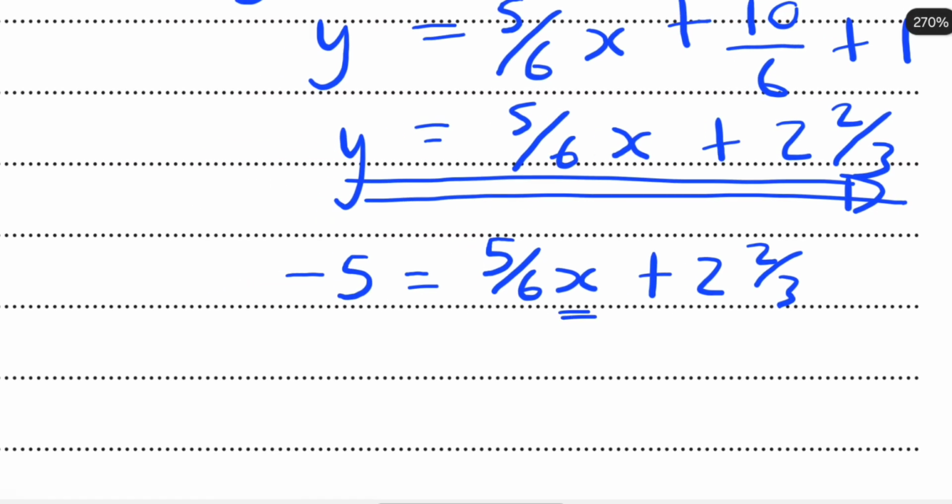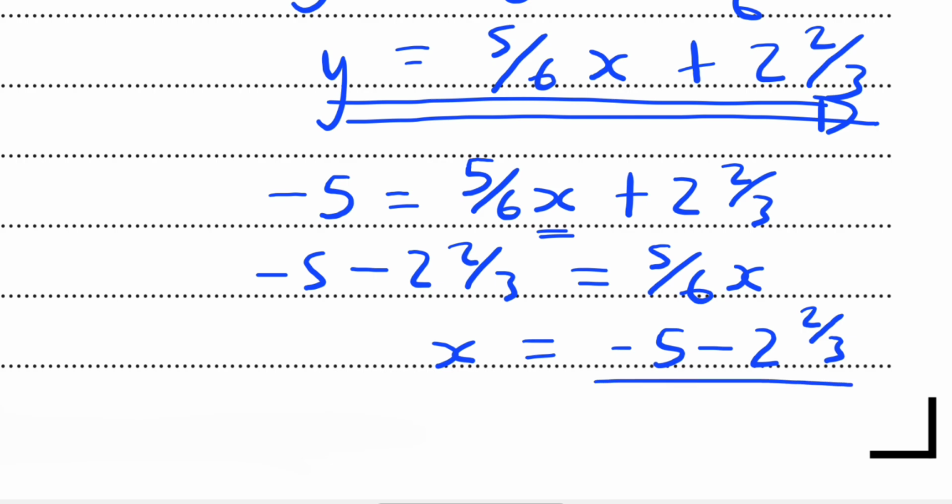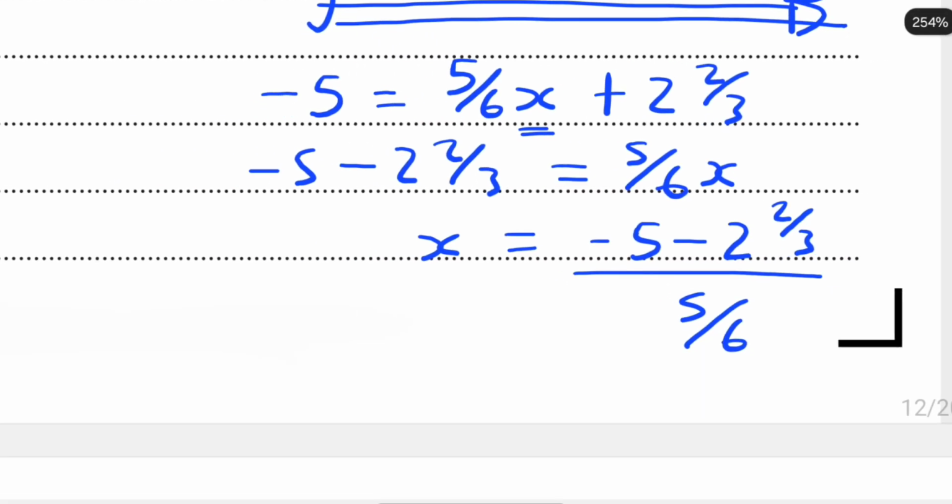And to get the x value, it's minus 5 minus 2 and 2/3 equals 5 over 6 x. So x will be equal to minus 5 minus 2 and 2/3, over 5 over 6.